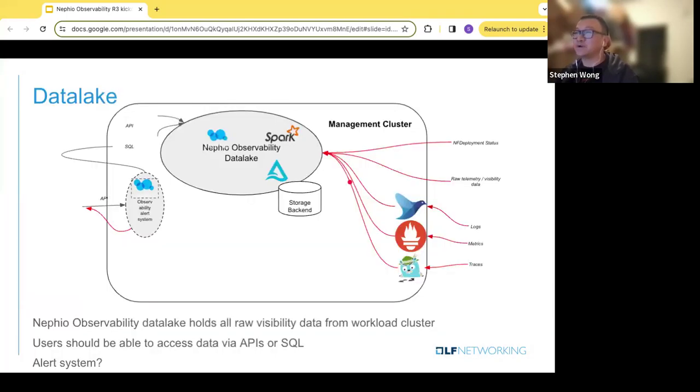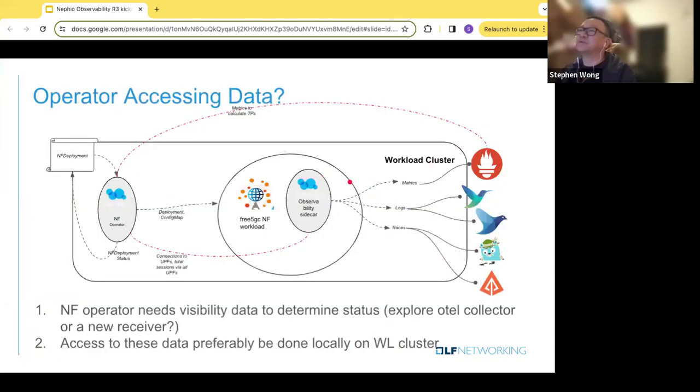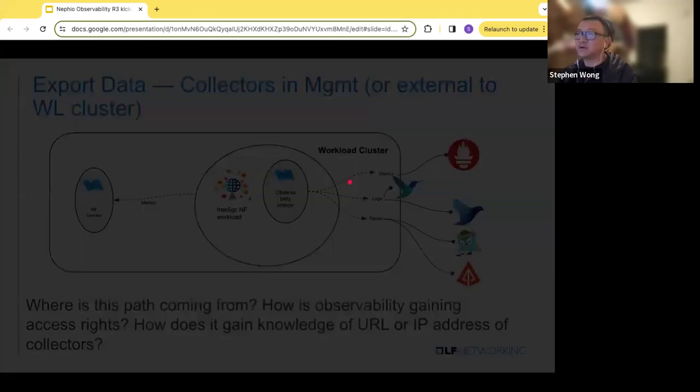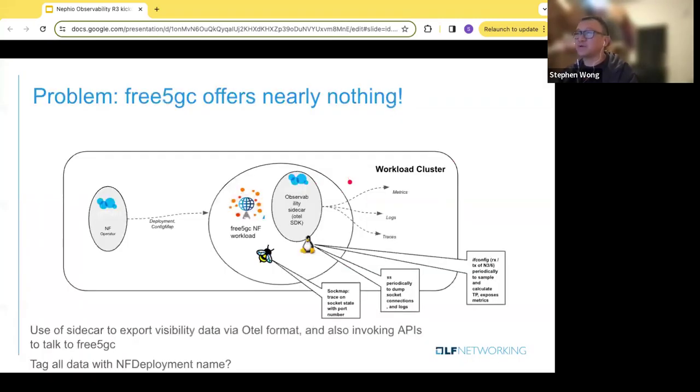But all the areas of data lake, all the areas of how operators can access data, all the areas of what Martin's been doing in terms of getting data off of prefied GCs, we can look into those, or if we have enough people, each of us can look into this, and then we'll see what's realistic to do.